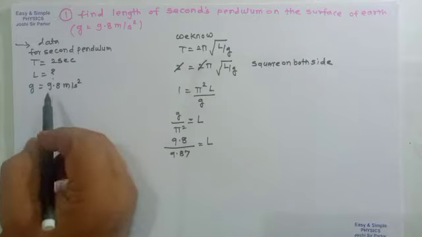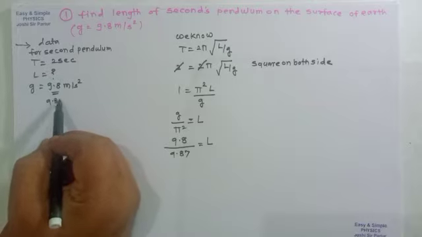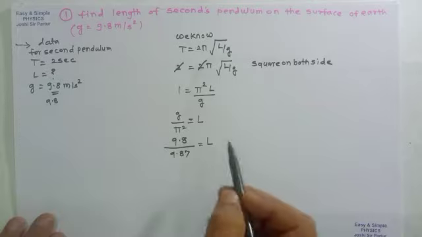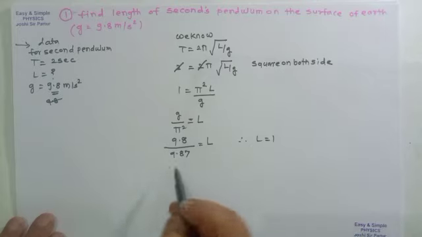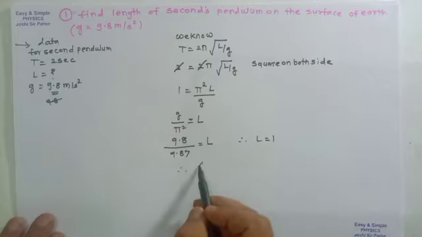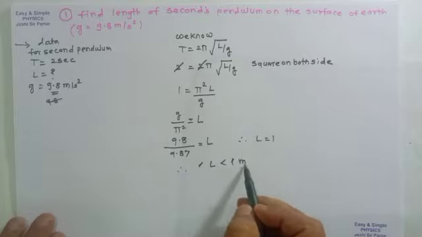Sometimes g will also be given as 9.87 or something. So if we solve, L is equal to 1, and therefore L is less than 1 meter.